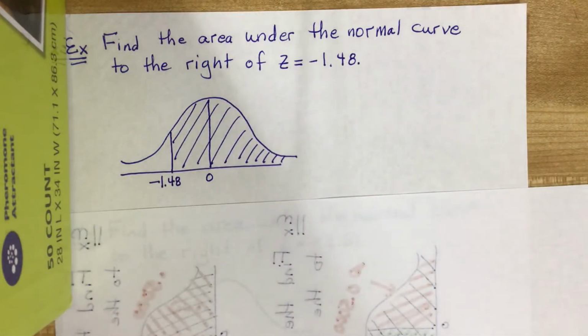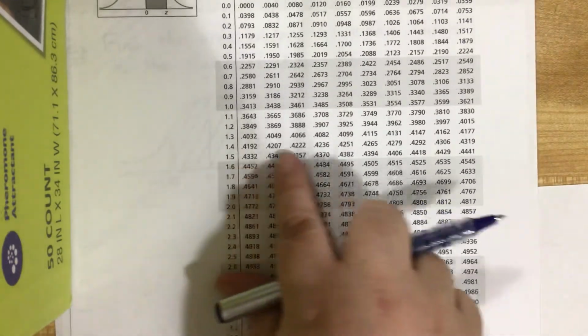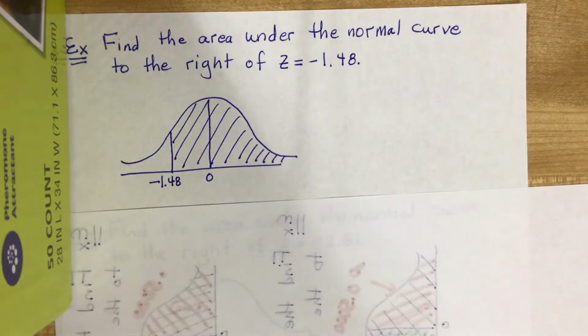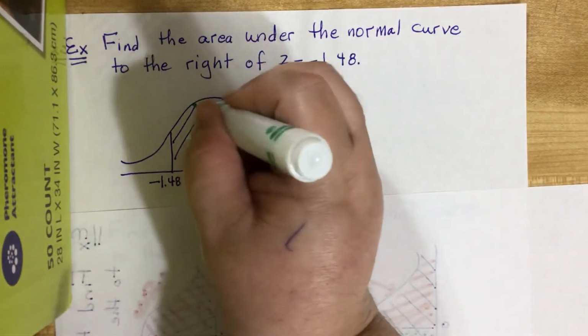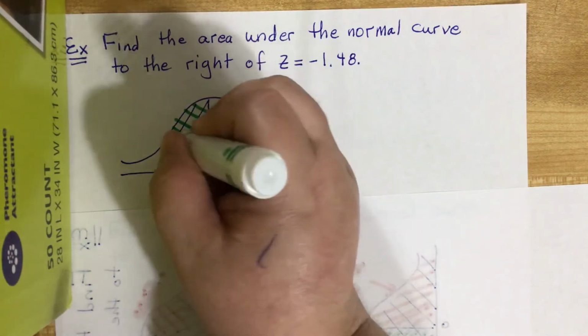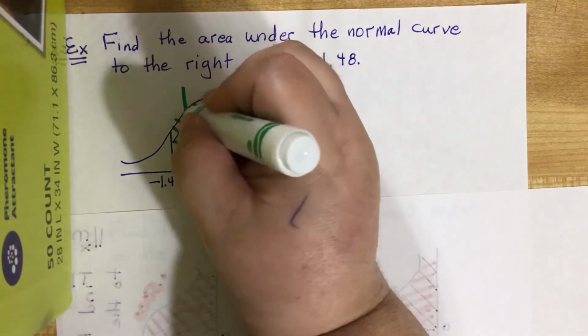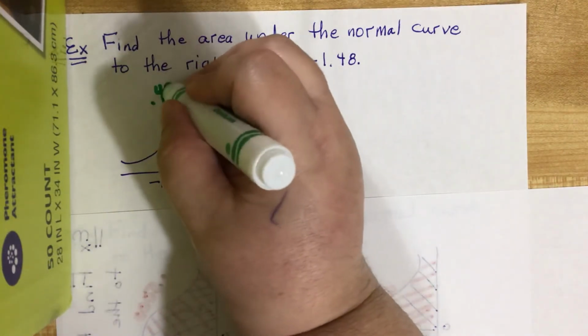Alright, so when I look up 1.48, I get 4306, which is going to be the area between negative 1.48 and 0. And that area is going to be 0.4306.